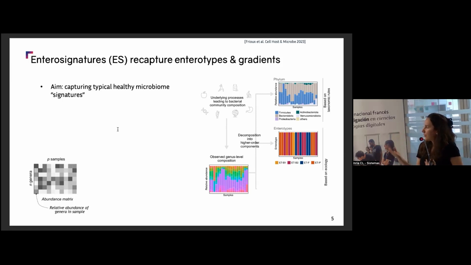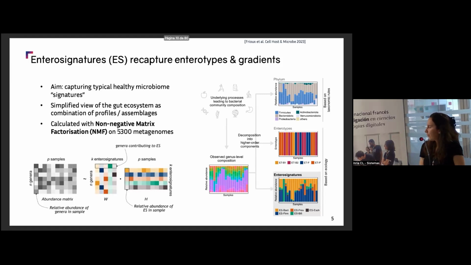So what hard clustering did in enterotype is assigning a cluster from the genus level composition. And what we did in the project is to present gradients, profiles of assemblage that we call enterosignatures that we build directly from the data at the genus level.